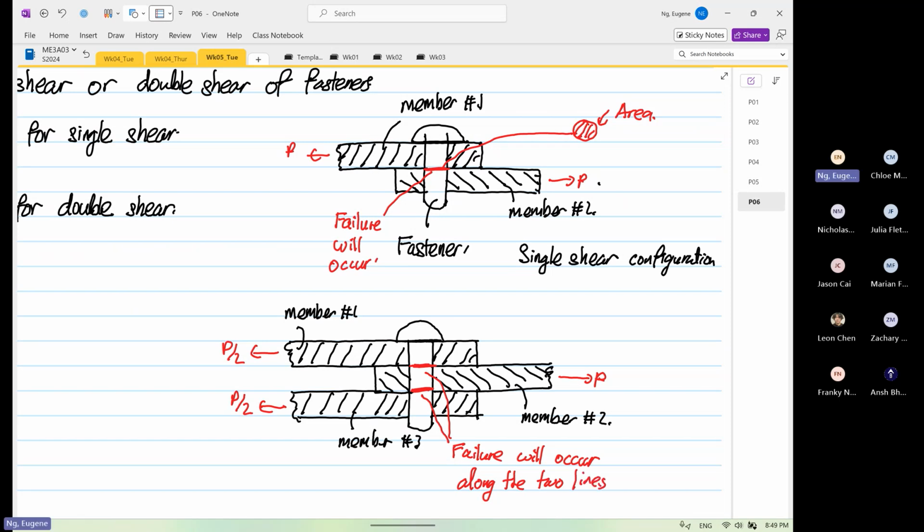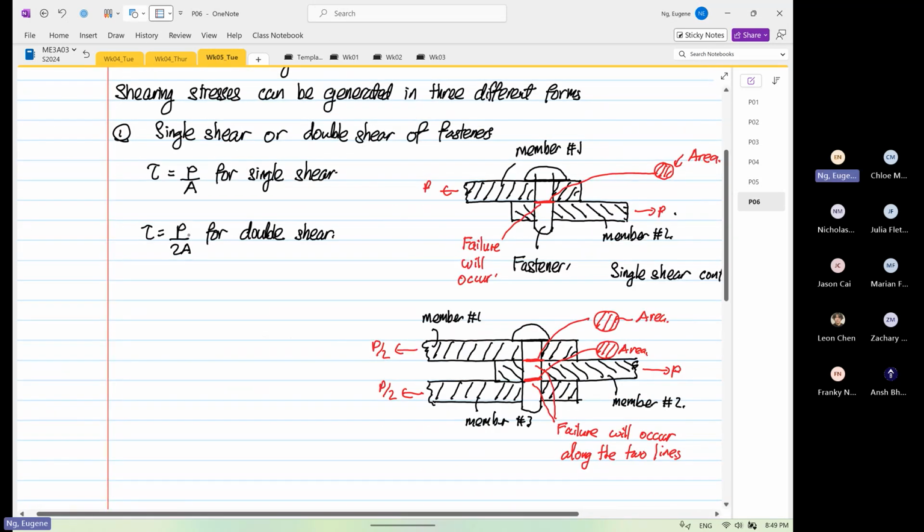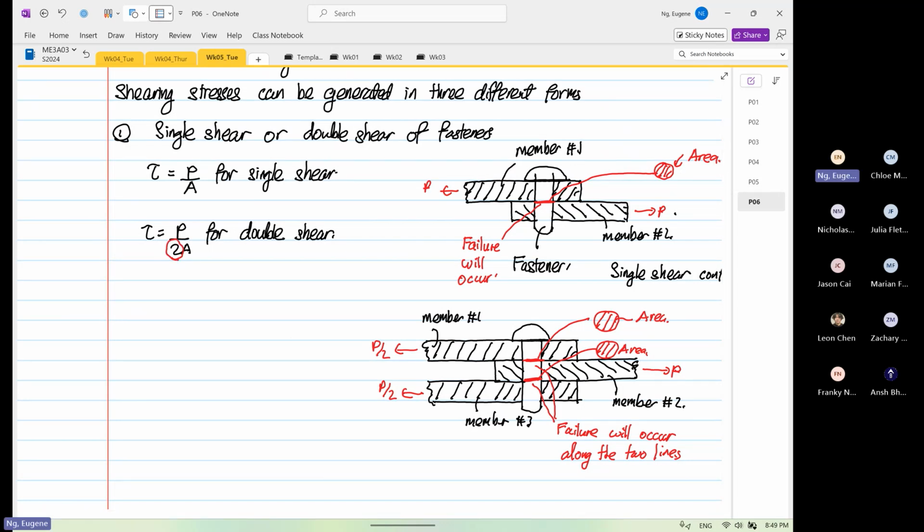And the cross section, for the top, you have this cross-sectional area. And at the bottom, likewise, you have another area. So that's why for double shear, you got 2 areas, you put a 2 down here. Okay, so that is the difference between single shear and double shear.